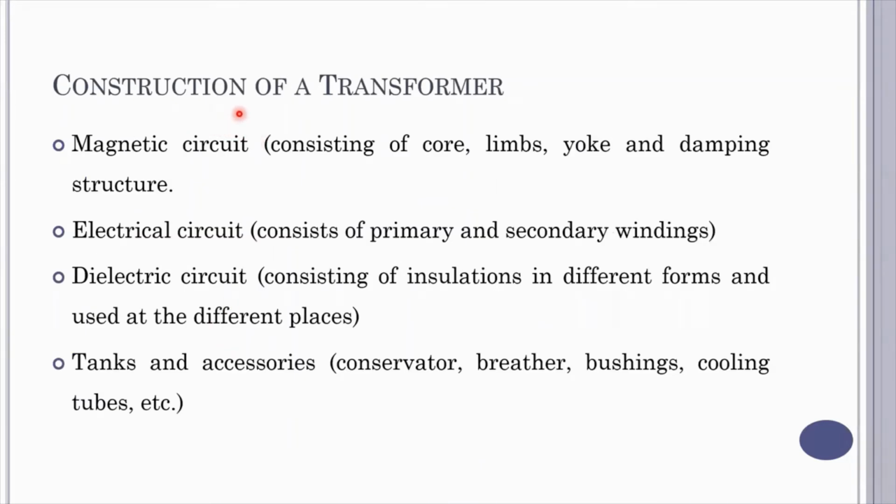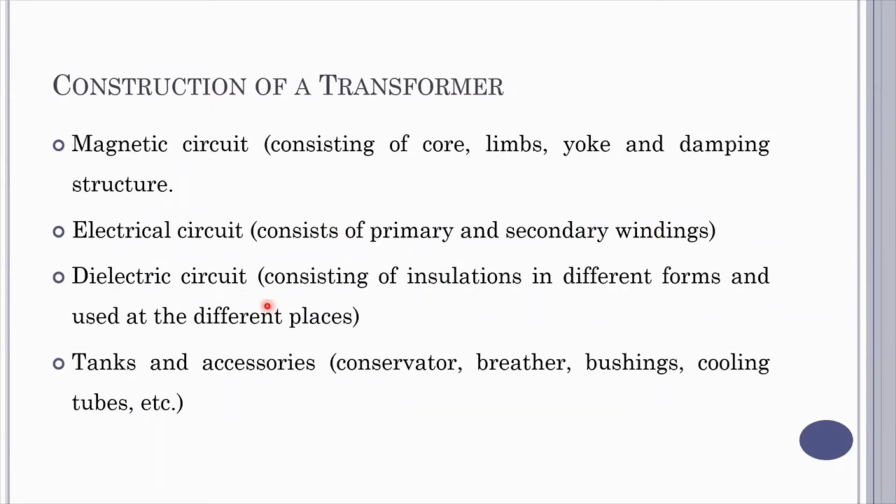Over to the construction of transformers. The transformer circuit is classified into three types, and we have the tanks and accessories as the fourth major component. So we have the magnetic circuit, which consists of the core, limbs, yoke, and the clamping structure. And we have the electric circuit where our current is going to pass, and they are the primary and the secondary winding.